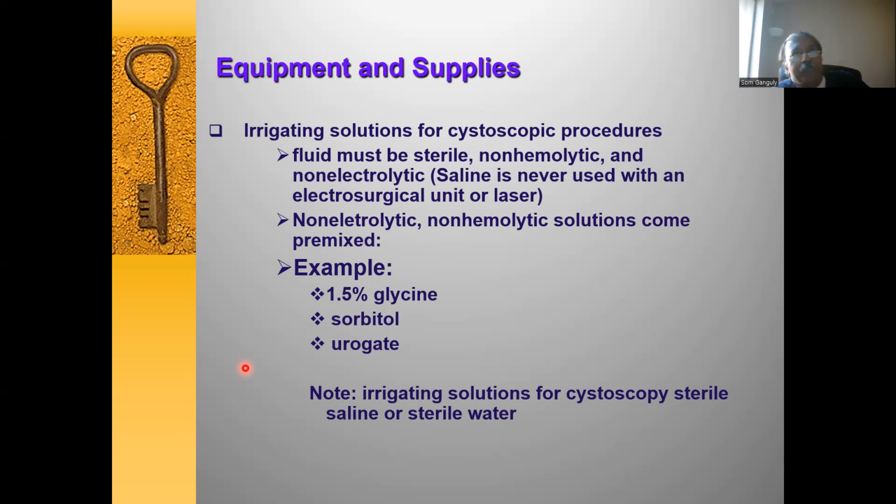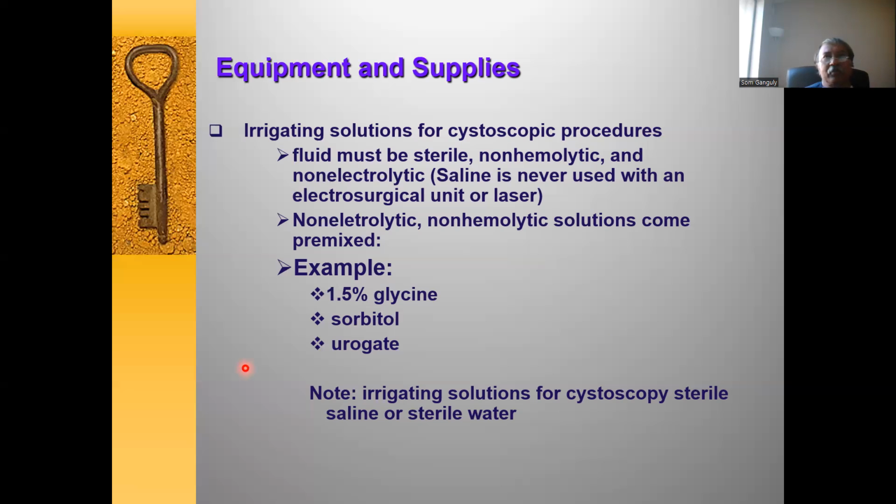You need fluid which is sterile, which is non-hemolytic, means it is not going to break down the blood, which is non-electrolytic, means it does not have positive and negative ions. And when you are using electric or laser, you should not use electrolytic fluid.